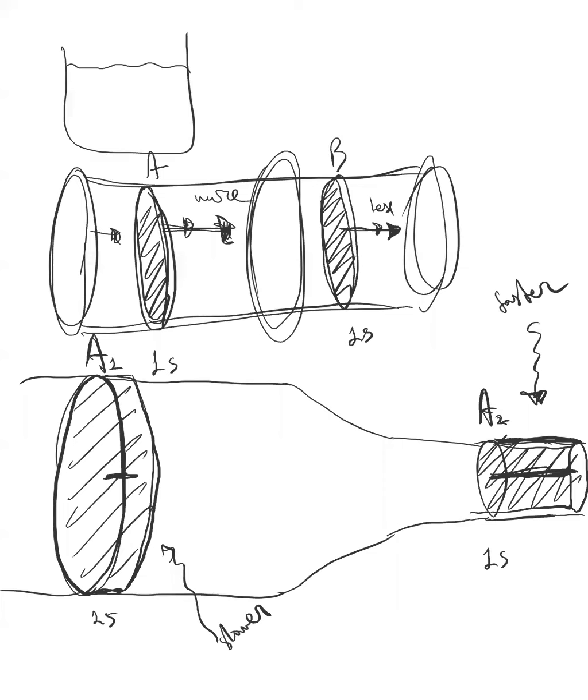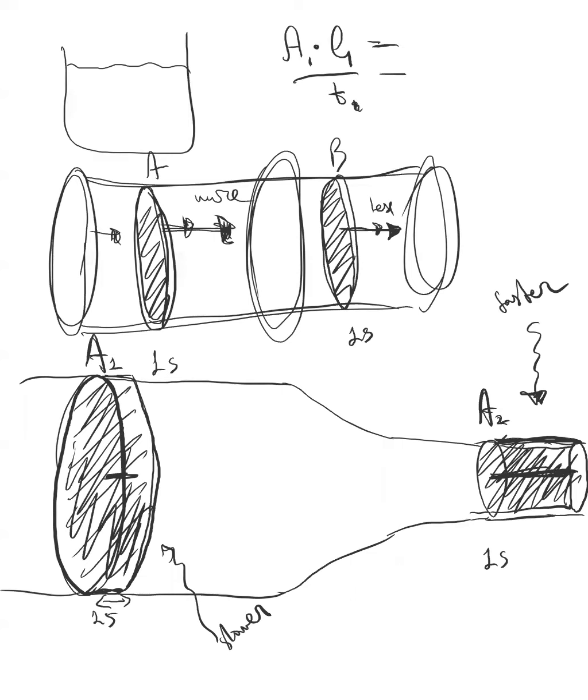Now, if you write this mathematically, the volume of this section of water is its cross section times this length, and in the same amount of time, you will have this much volume going through A2.